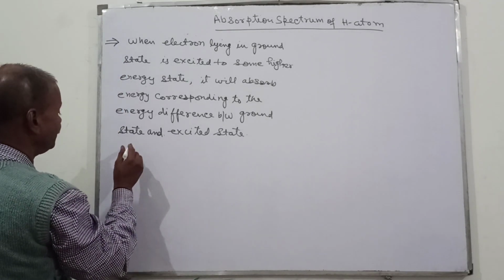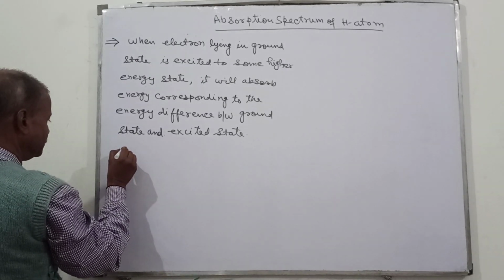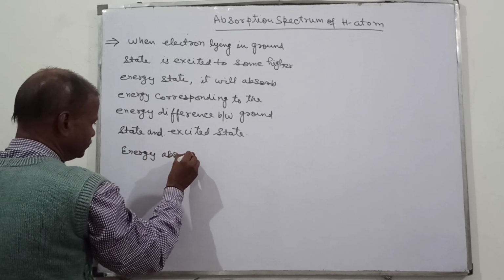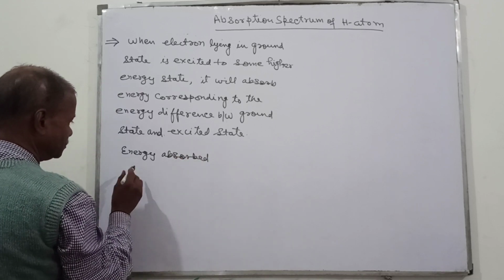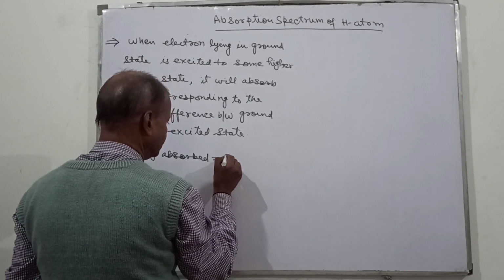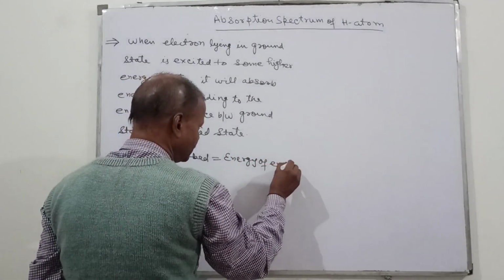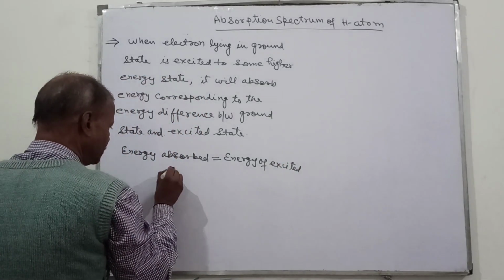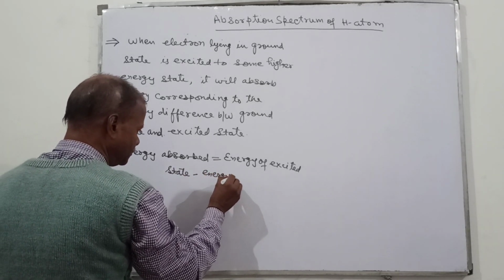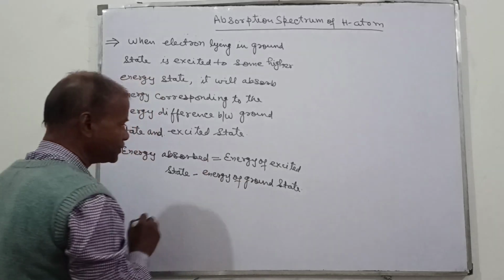So what we have: the energy absorbed is equal to the energy of the excited state minus the energy of the ground state.